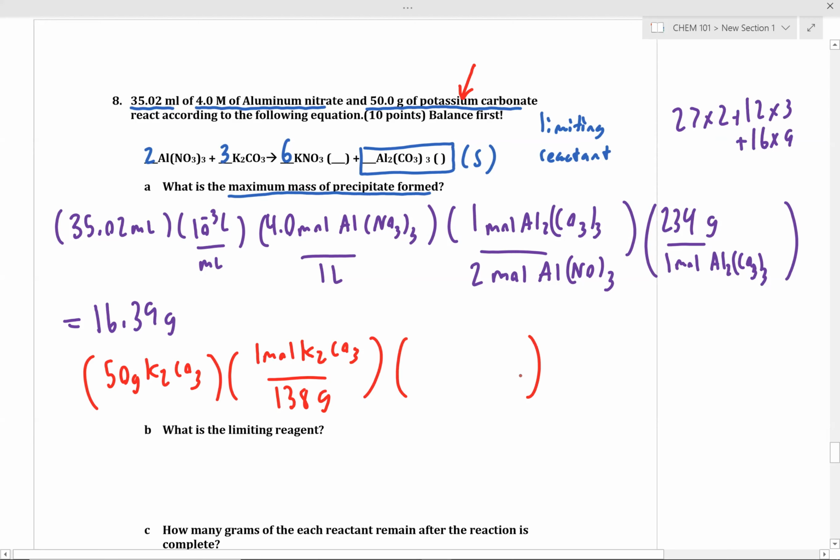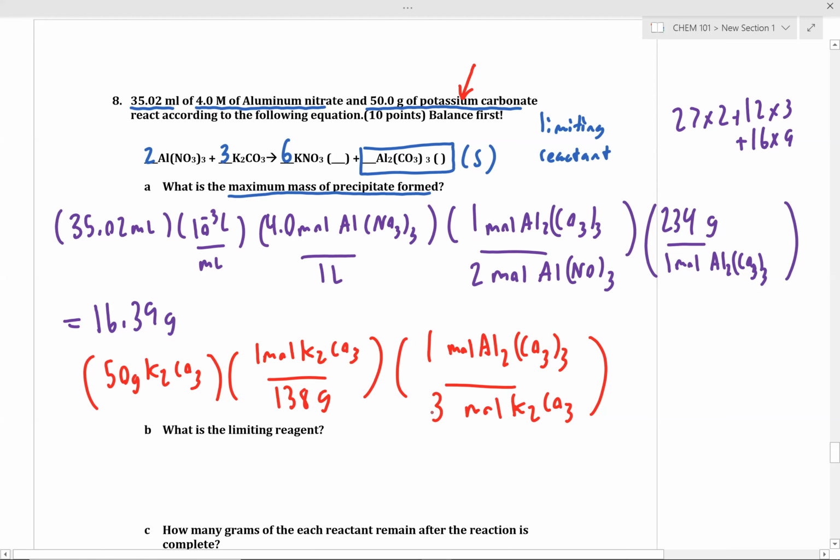Now, just like before, how many moles of aluminum carbonate do we make per how many moles of potassium carbonate? What is our mole to mole ratio? What's the coefficient in front of aluminum carbonate? 1. And what's the coefficient in front of potassium carbonate? 3, exactly.